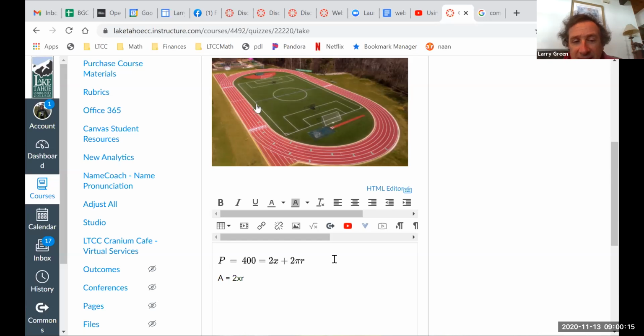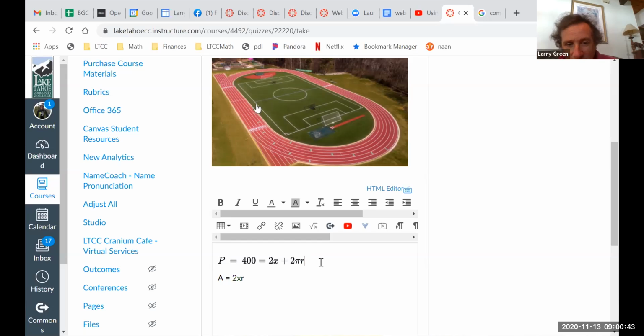Okay, now we got to put these equations together. We want to find the largest area. So we have area is 2XR, and we only want to have one variable. We don't want to have two. So we can use the perimeter equation to get rid of one of the variables. And this is just asking to divide by 2, isn't it?